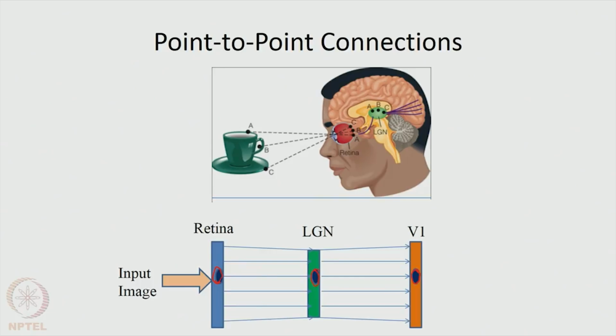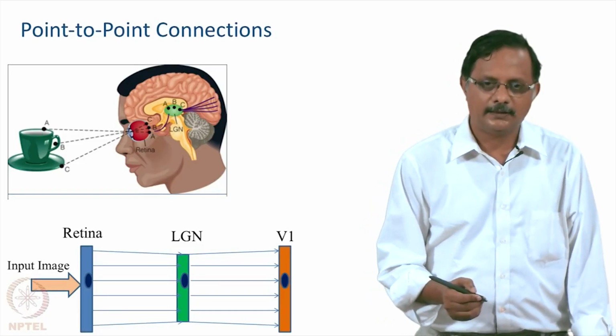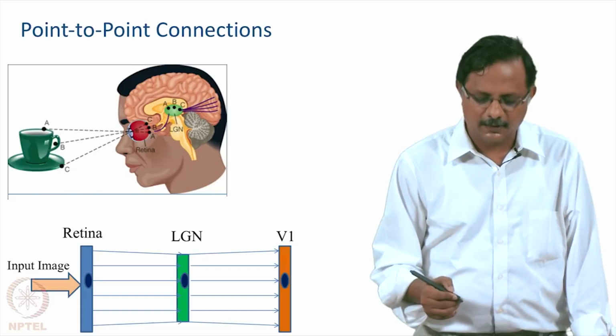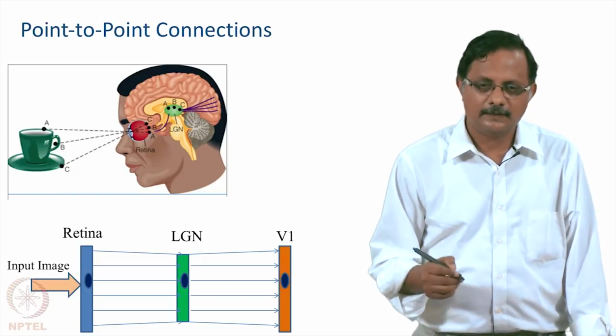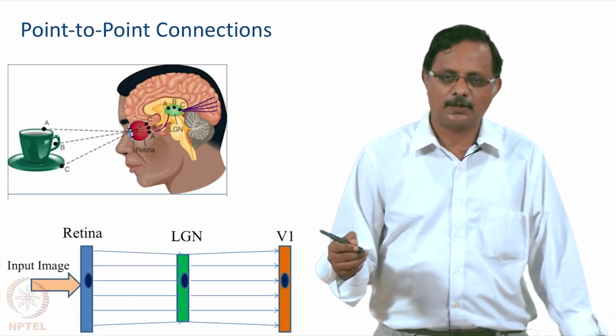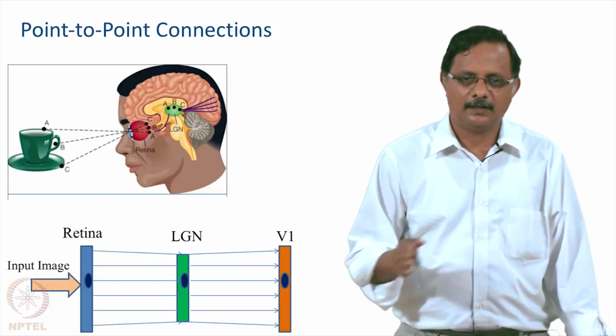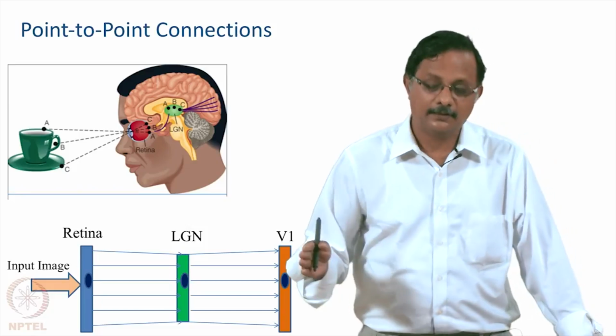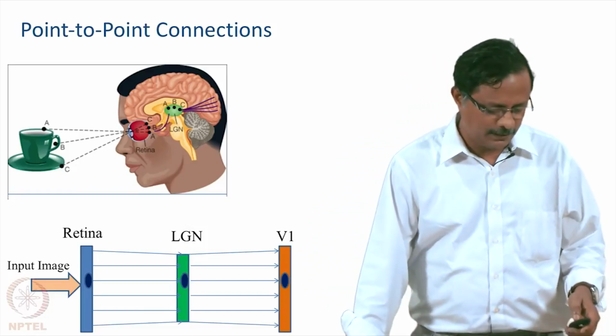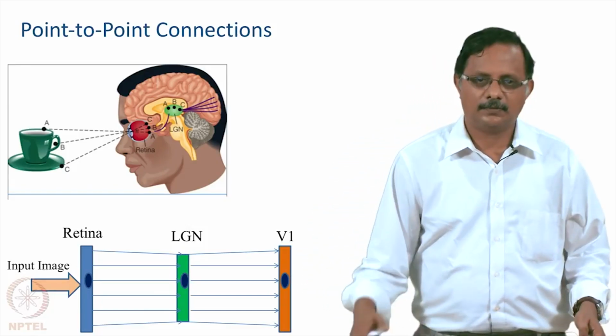So every point on the retina gets mapped onto a very specific point on the LGN, which in turn gets mapped onto a specific point on V1. There is a point to point mapping between the retina and V1, mediated through the LGN. This is what we mean by point to point connections from thalamic nuclei.